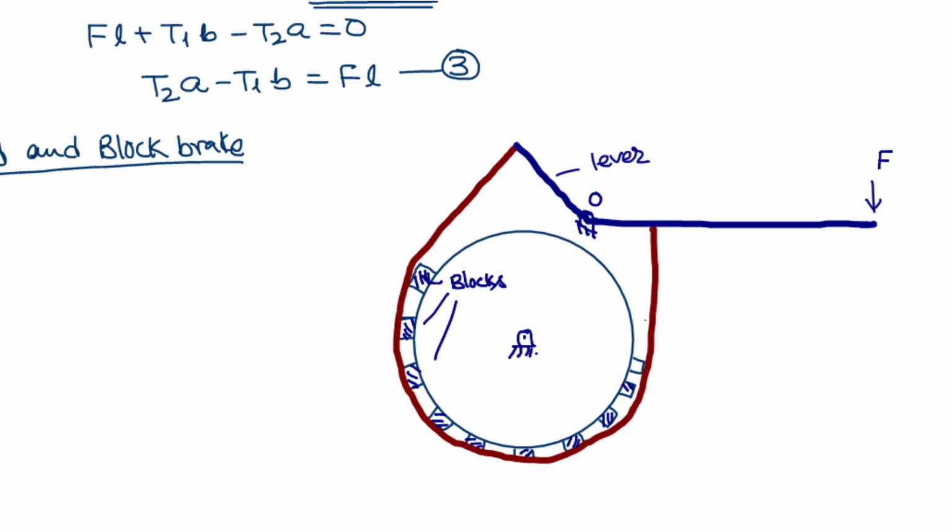Now suppose the length of this is L, this is B, this is A. A band and block brake has flexible band and blocks.